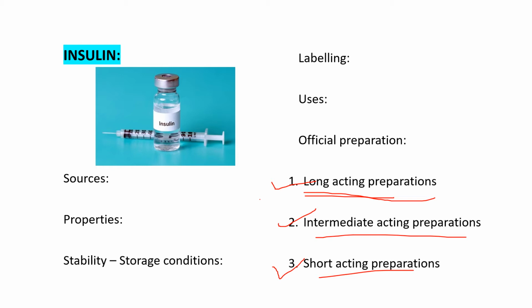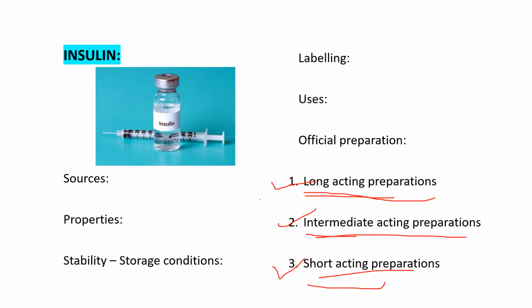Protamine zinc insulin injection, IP. Examples of intermediate acting: globin zinc insulin injection, IP. Insulin zinc suspension mixed. Mixed means in which crystalline as well as amorphous form of insulin is present, which is officially in IP. Isophane insulin injection, officially in IP and BP.